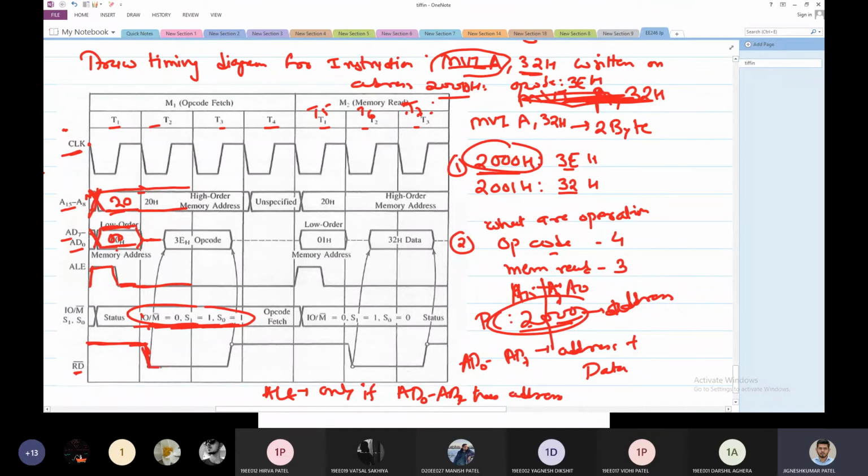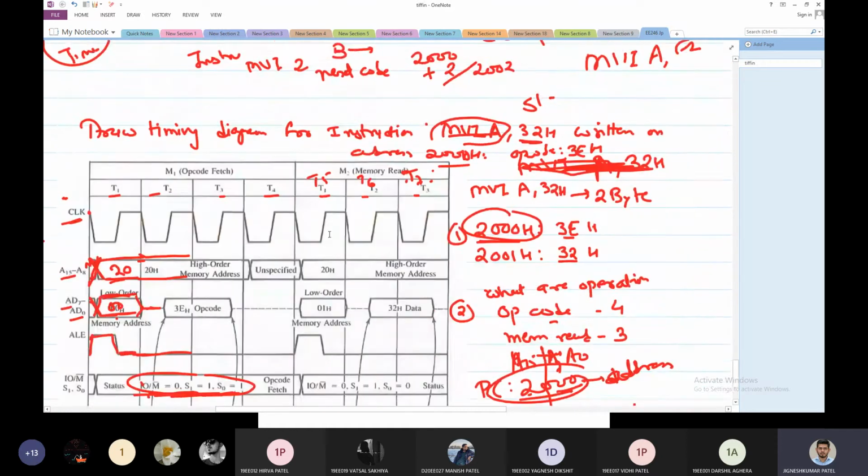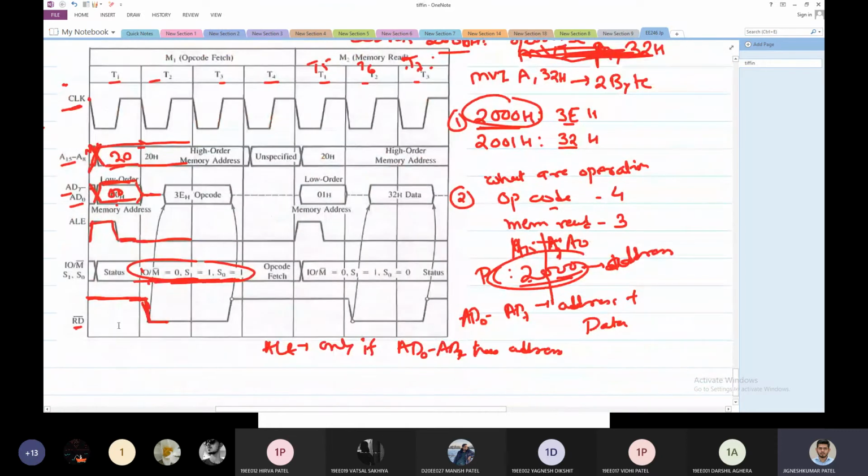As soon as I send a low signal, the buffer of my memory will open up and it will send the data from inside. As soon as I send this read signal, which is the actual RD bar, my memory will immediately send the data from inside. What is the data right now? It is 3E. So 3E would be sent to the data bus.